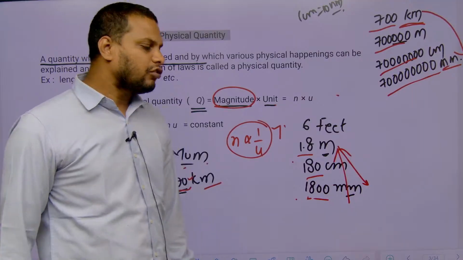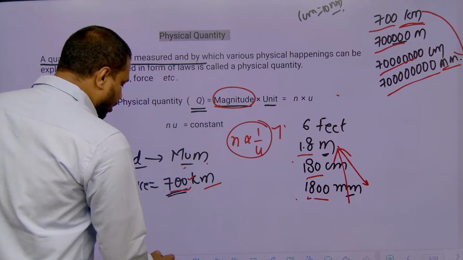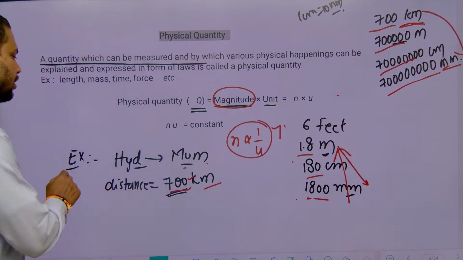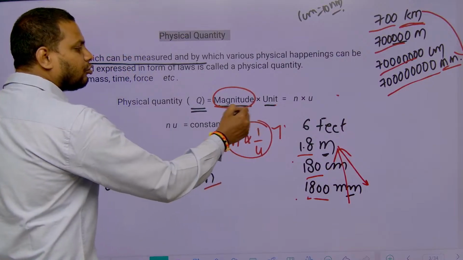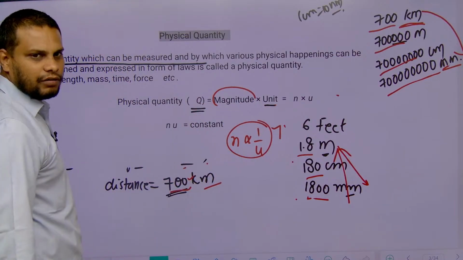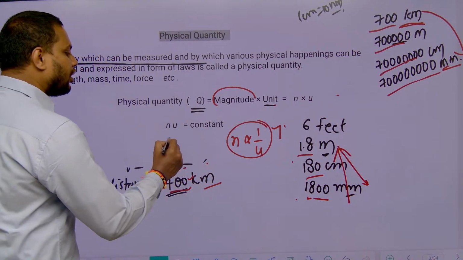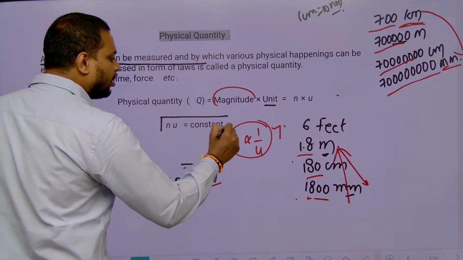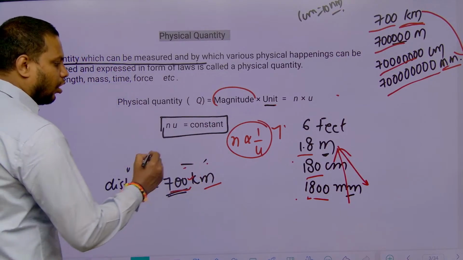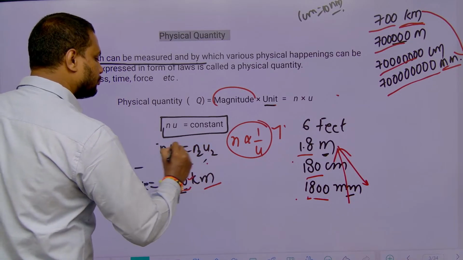So we can say magnitude is inversely proportional to unit. Remember, the product of magnitude multiplied by unit should be constant for a physical quantity. Then you can write n into u is equal to constant, or you can write n1 u1 is equal to n2 u2.